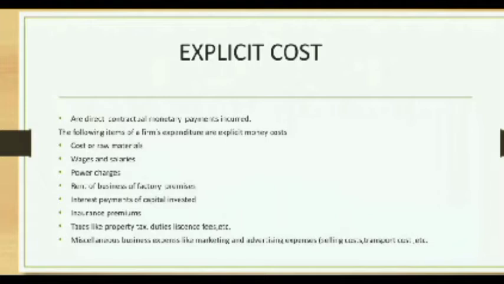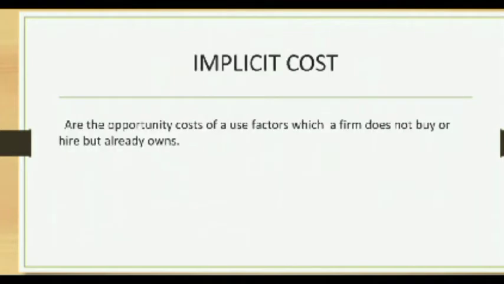The following items of a firm's expenditure are explicit money costs: cost of raw materials, wages and salaries, power charges, rent of business or factory premises, interest payments on capital invested, insurance premiums, taxes like property tax or duties, license fees, etc., and miscellaneous business expenses like marketing and advertising expenses, such as selling costs, transport costs, etc.